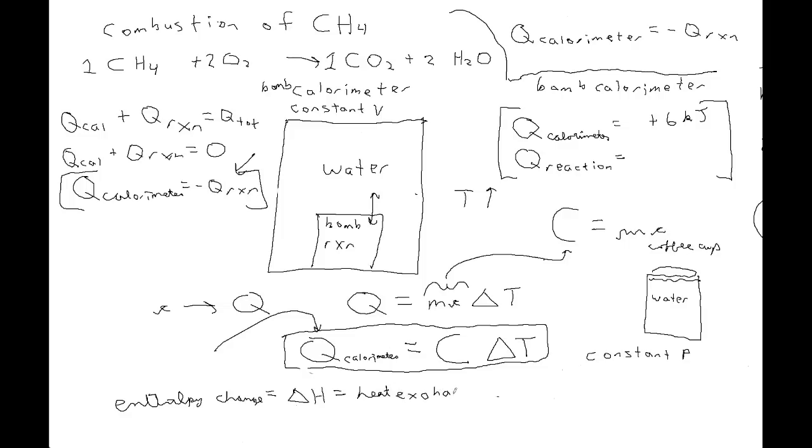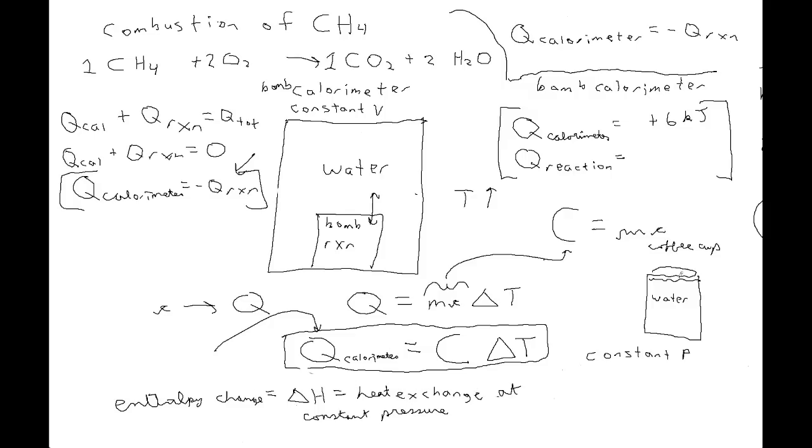Enthalpy is defined as heat exchange at constant pressure. So it kind of means the same thing as Q, except that Q is just heat exchange in general, and enthalpy change is heat exchange at constant pressure.